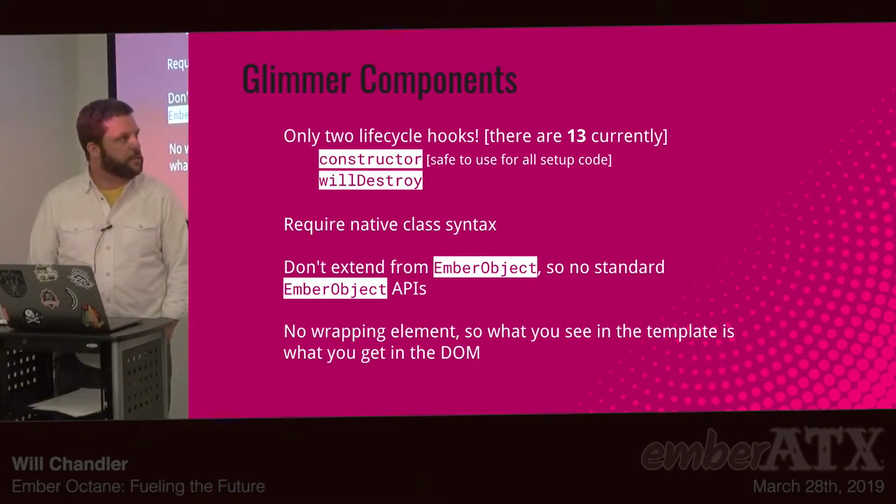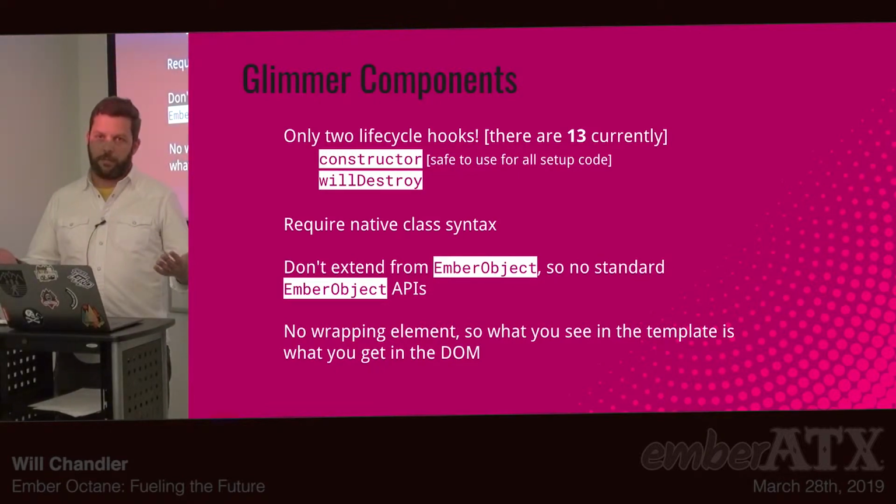As I mentioned, constructor is great for setting up all your setup code. They require the native class syntax, so the classic class, the Ember object, will no longer work. No more Ember object APIs like extend, reopenClass, any of that. And mix-ins are no longer supported either.